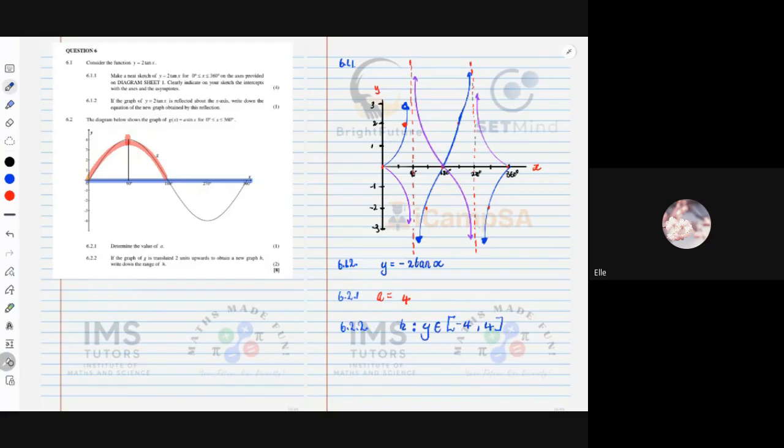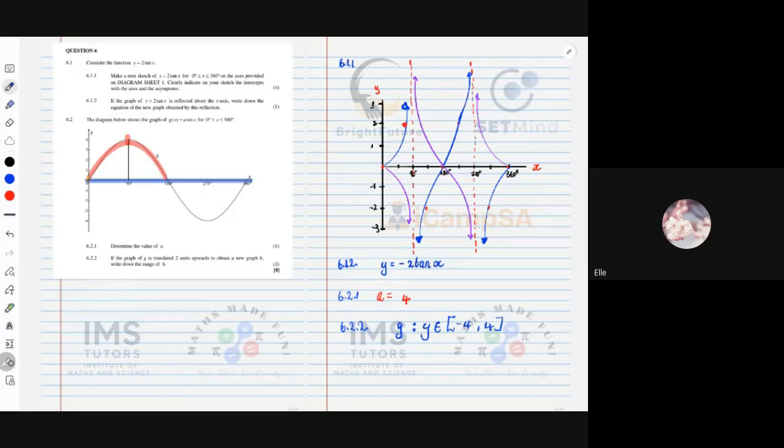Sorry, this is the graph of g, this graph that we have here. So if we are shifting it 2 units upwards, it essentially means that our range is going to start 2 units higher than the range of g, and it's also going to end higher than the range of g. So we're just going to add 2 here and add 2 here.